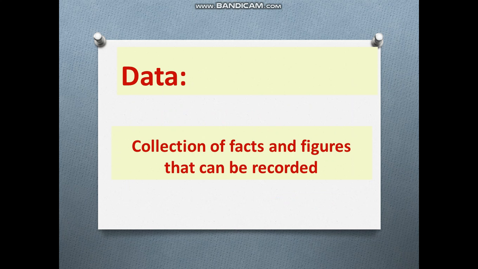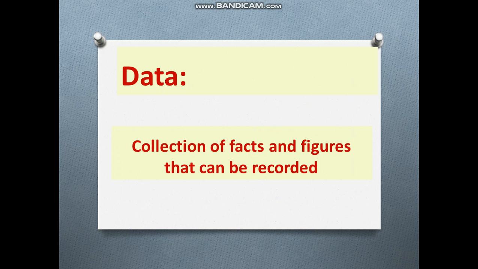So data is the collection of facts or figures that can be recorded. For example, if there is one person and we talk about his name, his age, address, and occupation, all these individual terms are nothing but facts.